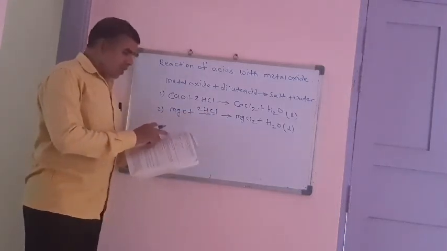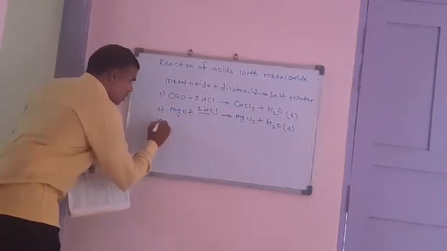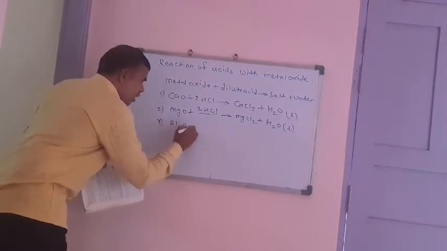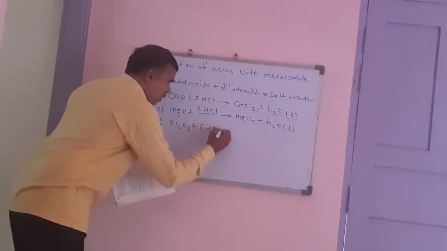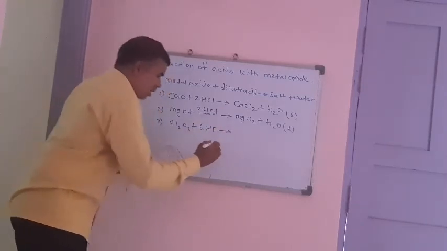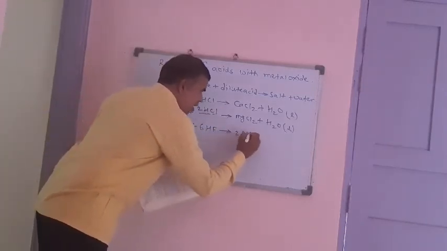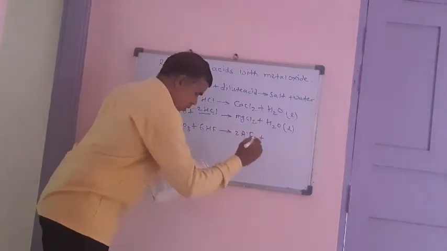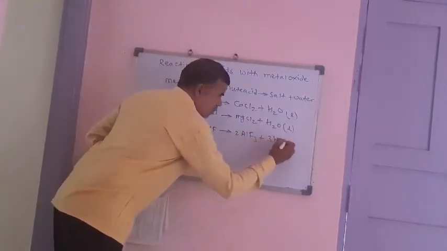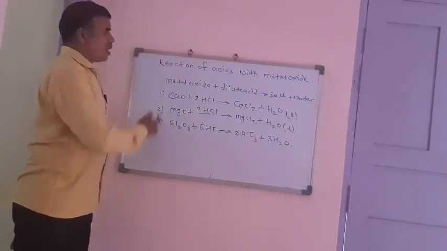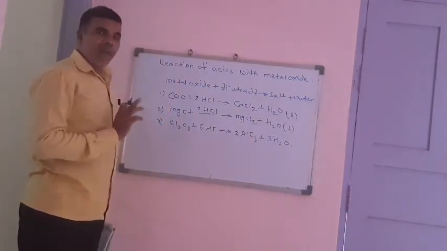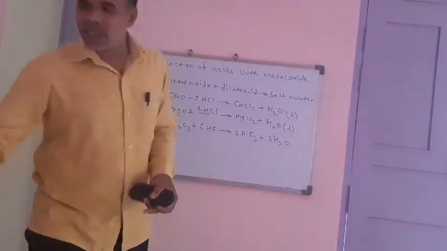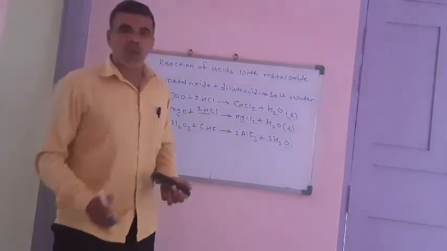Third example, aluminium oxide, Al2O3. Aluminium oxide reacted with hydrogen fluoride, we get AlF3 plus water. So any metal oxide reacted with acid, we get salt and water.